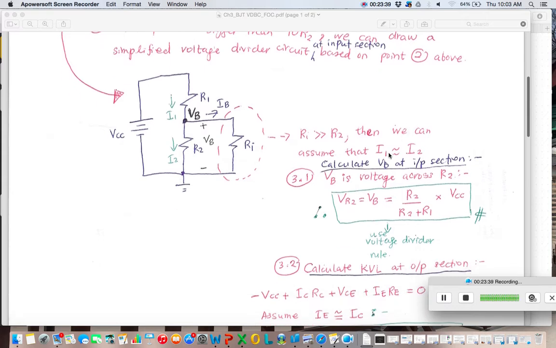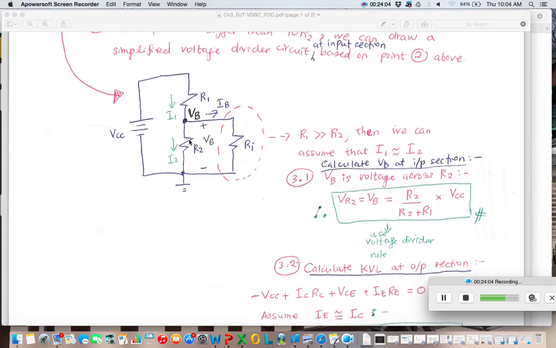Then we can assume that I1 flowing through R1 is equal to I2 flowing through R2.